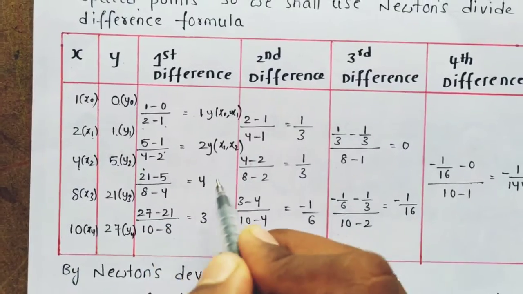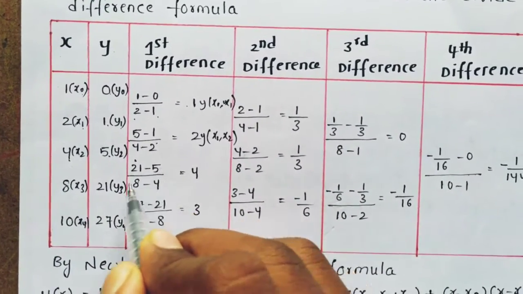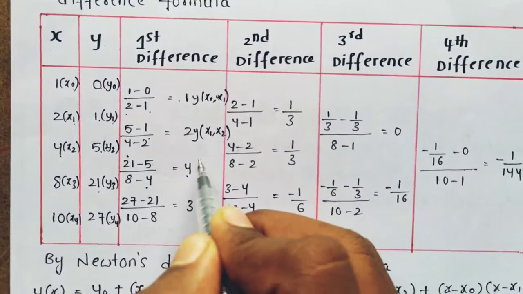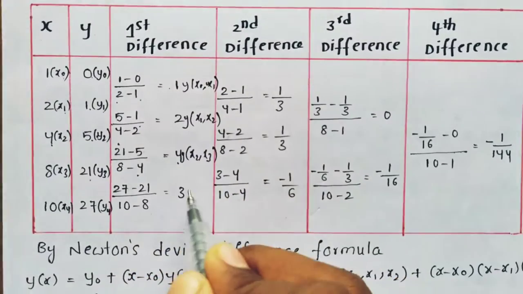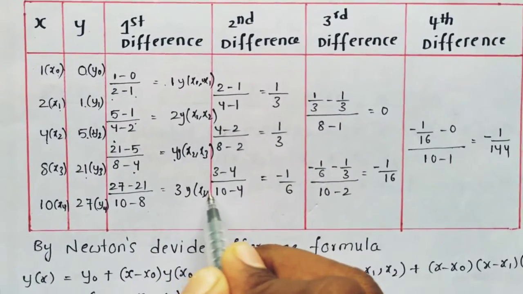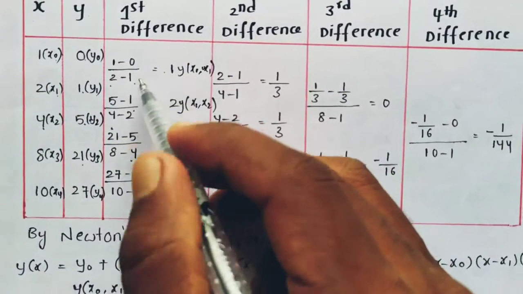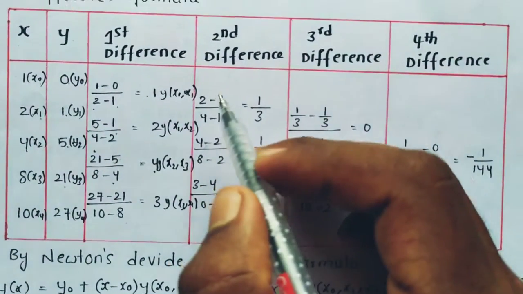Similarly for the third, 21 minus 5 by 8 minus 4, the value is y of x2 x3, and then y of x3 x4. The first difference values we can find using these formulas.